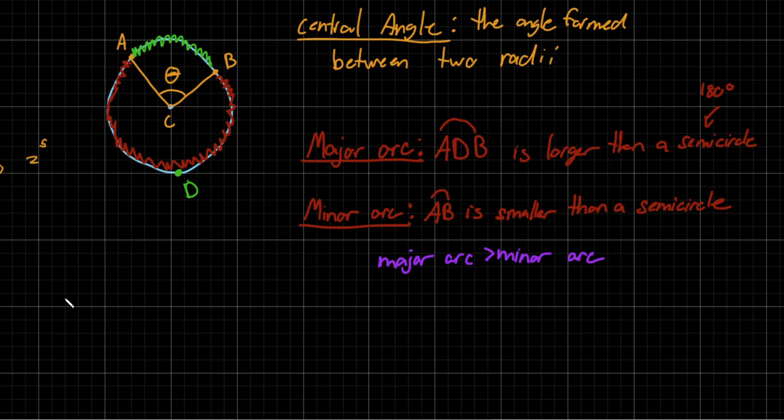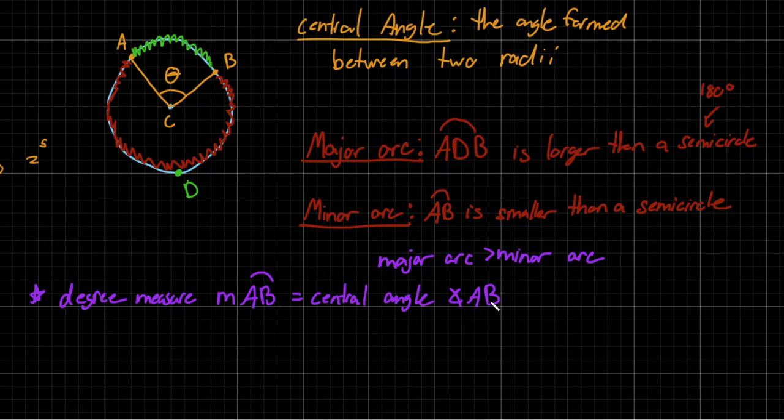When I do a degree measure, that's denoted as m of AB, and it's equal to the central angle of AB, which is actually ACB, denoted as that.